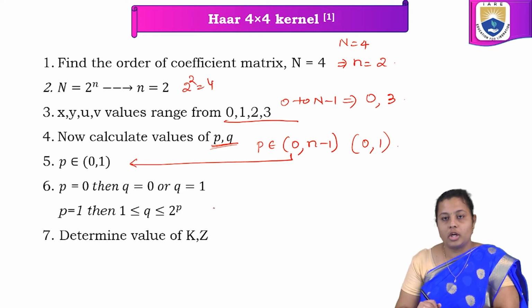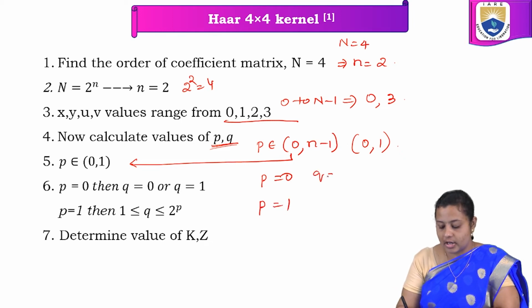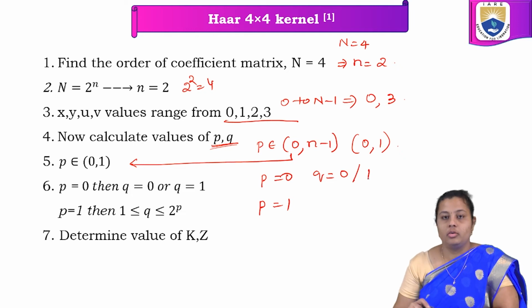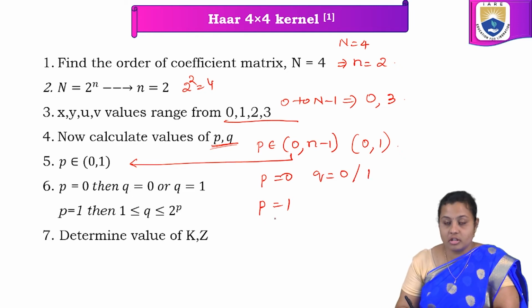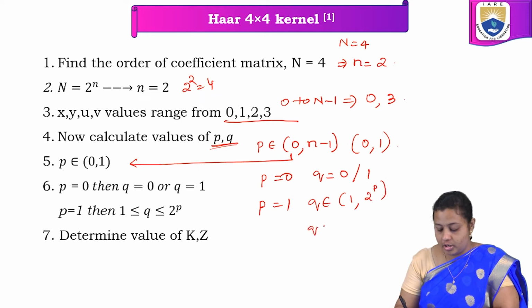Now, there are two conditions here. So, when p is equal to 0 and p equal to 1. When p equal to 0, q can take the values 0 or 1. No other values. Now, when p is not equal to 0, or in this case, when p equal to 1, q range belongs to 1 to 2 power p, right? So, q belongs to 1 to 2 power 1.